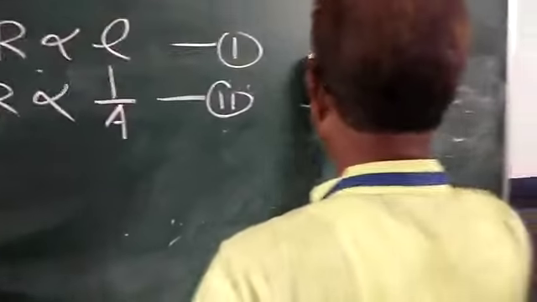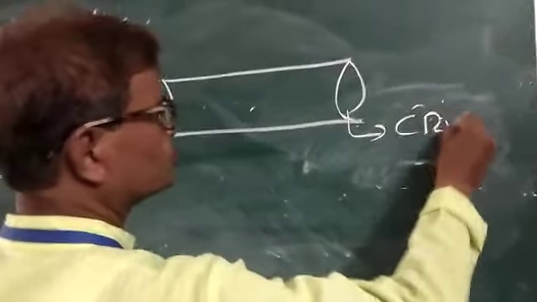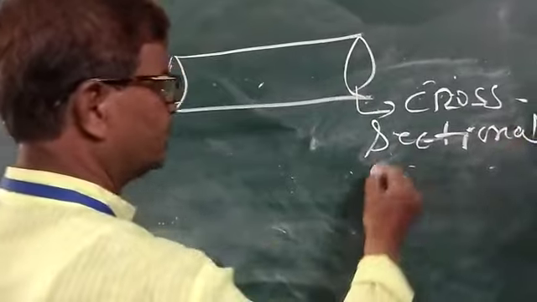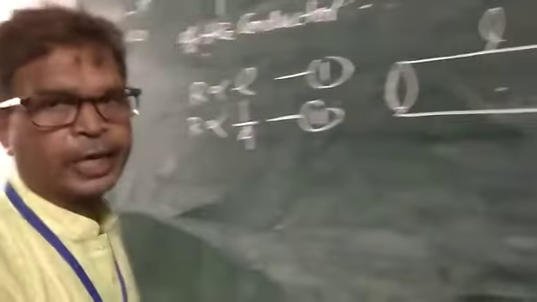This is the cross-sectional area, and this is the length of the conductor.